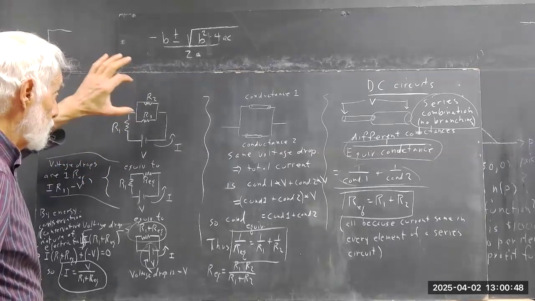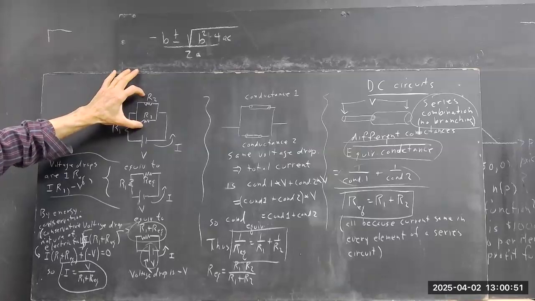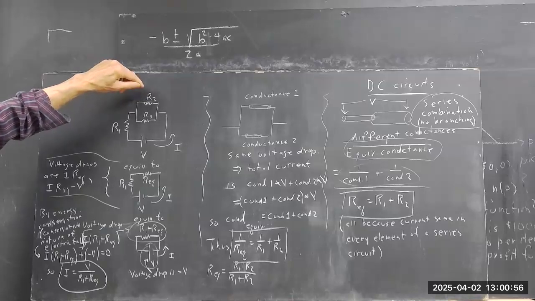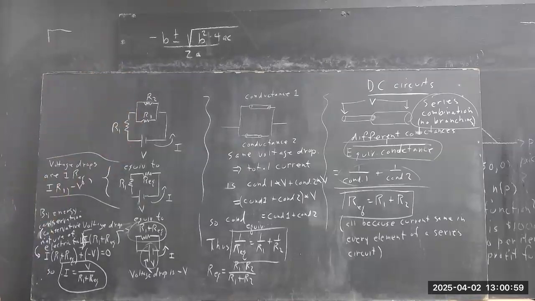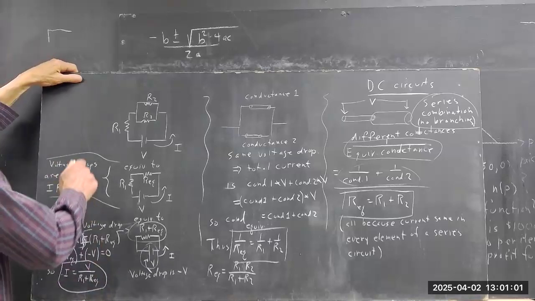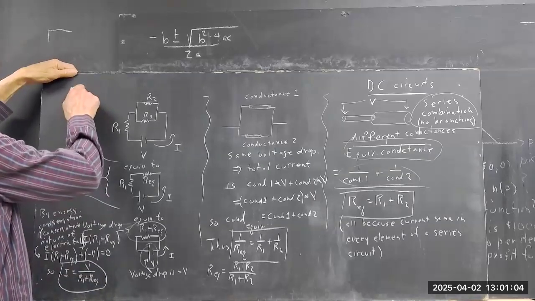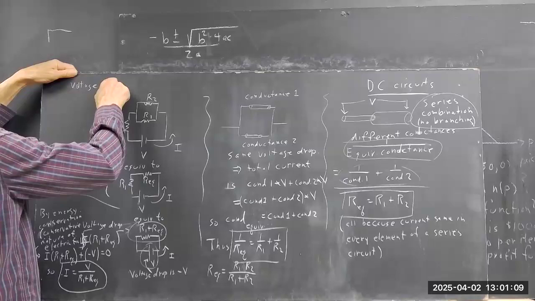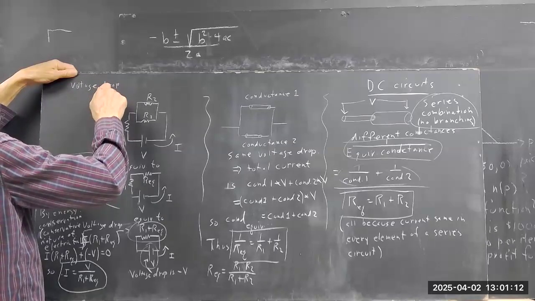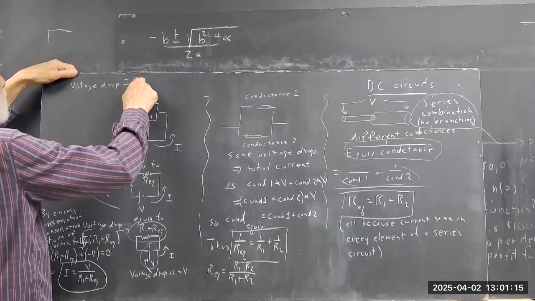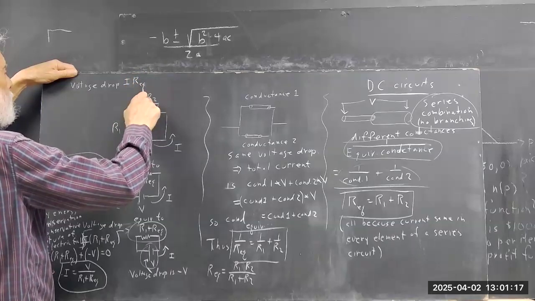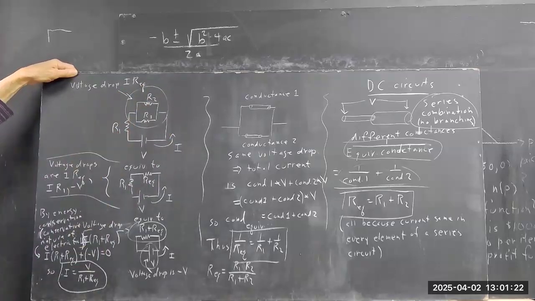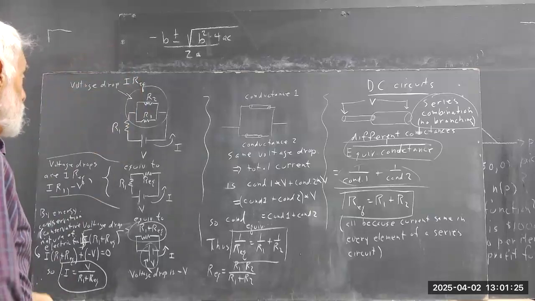Now, since I know the voltage drop across the parallel combination, I can determine the voltage, the current through R1 and R2. Here you have the voltage drop, I times R equivalent.